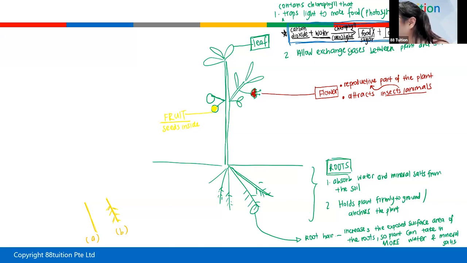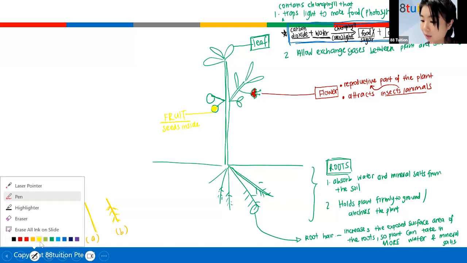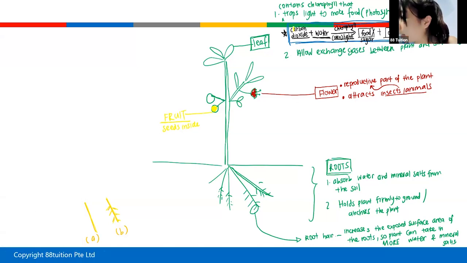So between the plant and surroundings. So if you look at the process of photosynthesis, right, Jay, you notice that the plant takes in carbon dioxide, correct or not? And it gives out oxygen. So basically the leaves are where carbon dioxide enters and oxygen exits. Make sense? What else does the leaf also do?